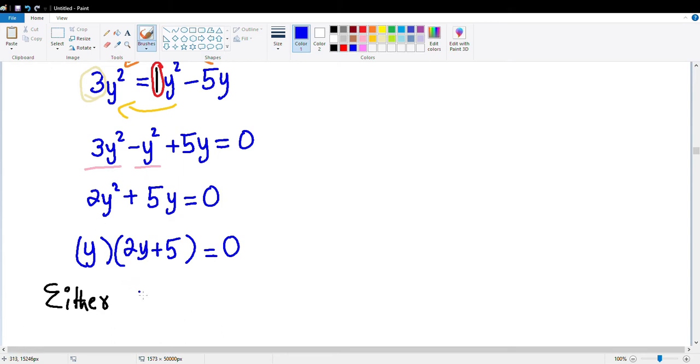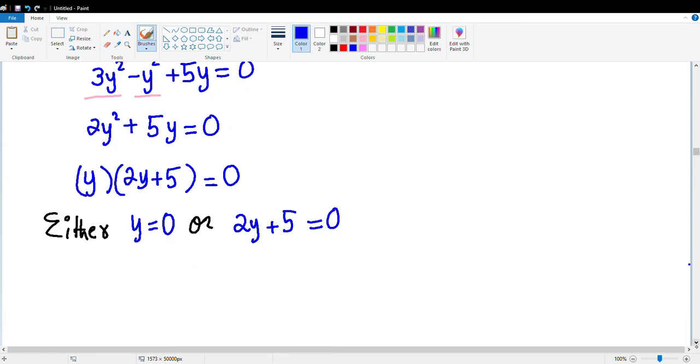So we can say either y equals 0, because their product is equal to 0 according to the equal sign, or 2y plus 5 is equal to 0. In this case, y is equal to 0.